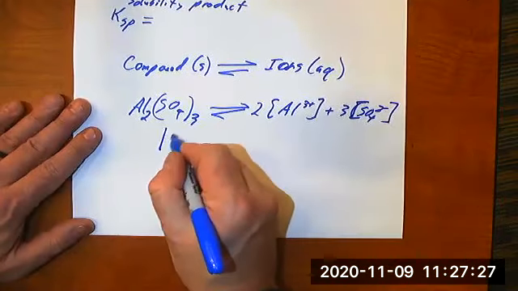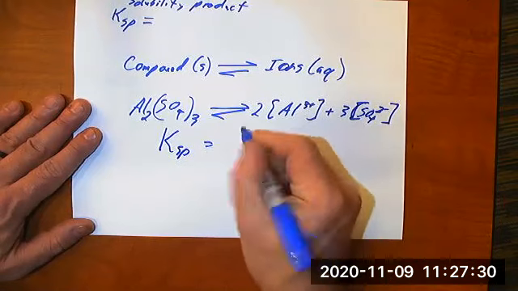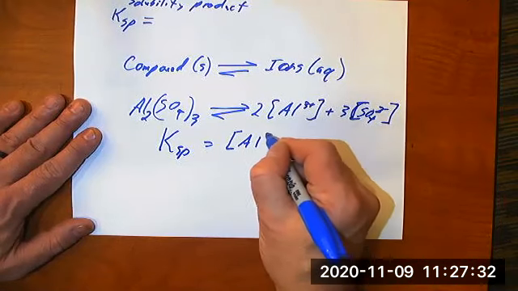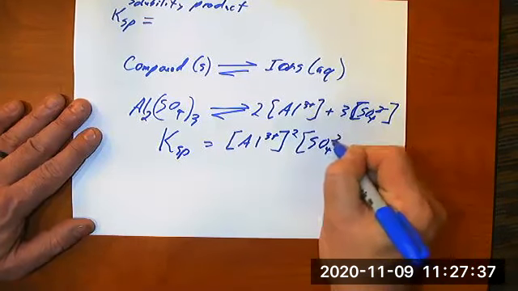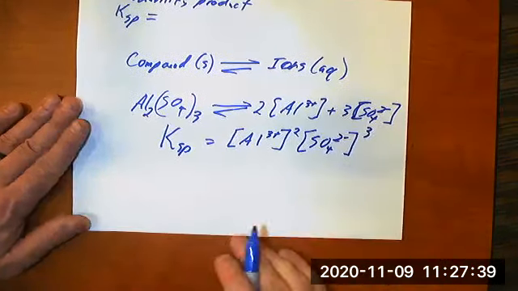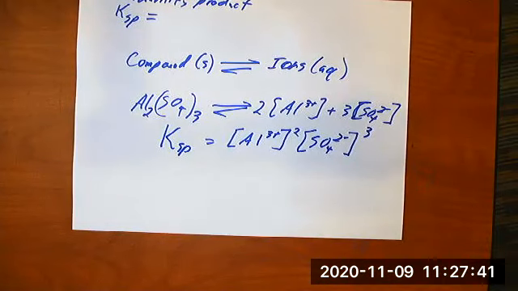And so your Ksp for this is the concentration of aluminum 3+ squared, times the concentration of SO4 2- cubed. So the solubility products have a lot of extremely important types of impacts on everyday life. So let's look at an example of that.